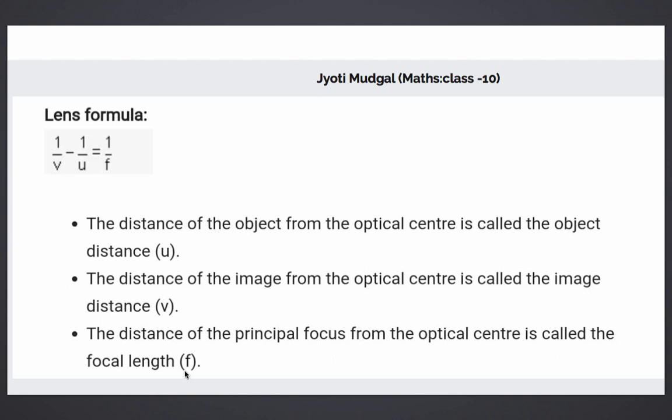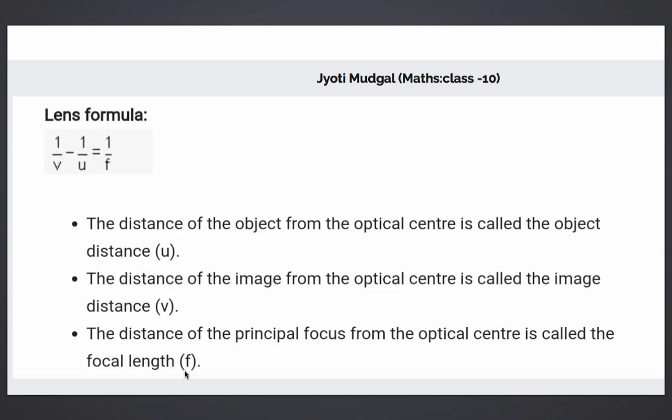Since we know that the images formed by a concave lens and a convex lens have different characteristics, am I right, students? When I talk about a convex lens, it converges the light rays after refraction. So a real image can be formed, and at the same time a virtual image is also formed.